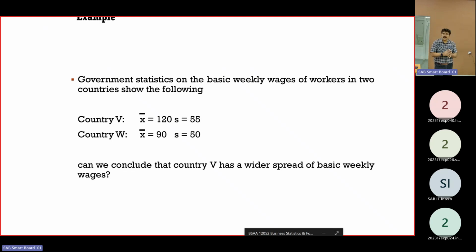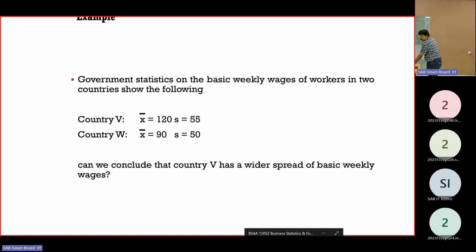If you want to compare the spread of variation, we need to calculate the CV value. So for country B, we can calculate the CV value, and for country W, we can calculate the CV value. Then by looking at the two CV values, we can decide which country has a wider spread.